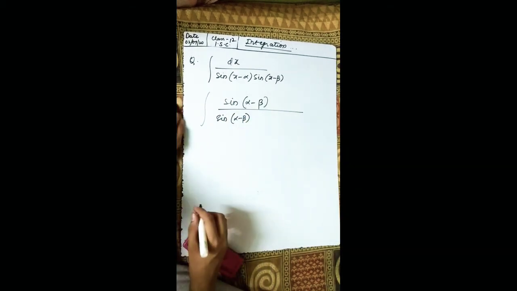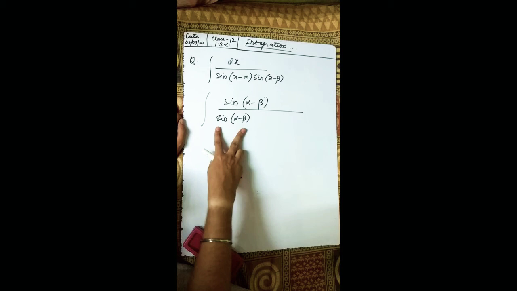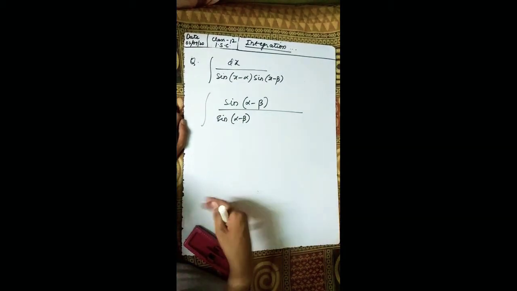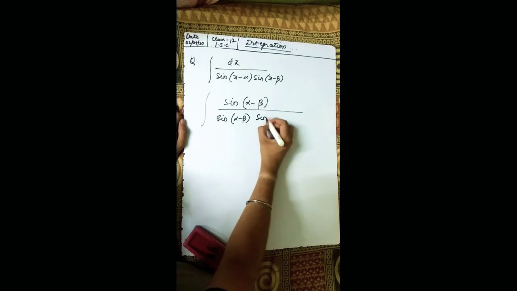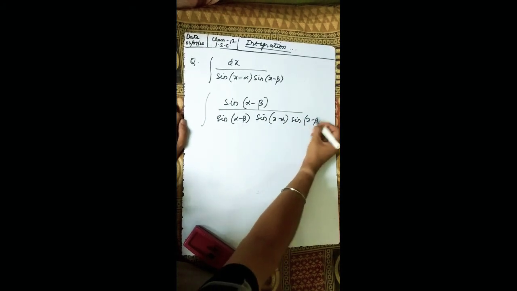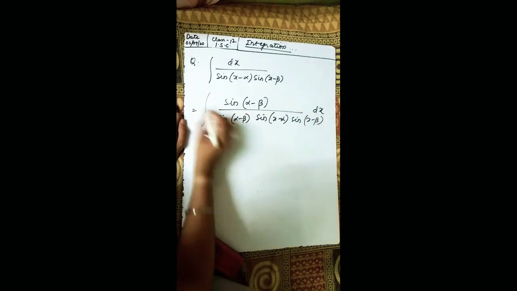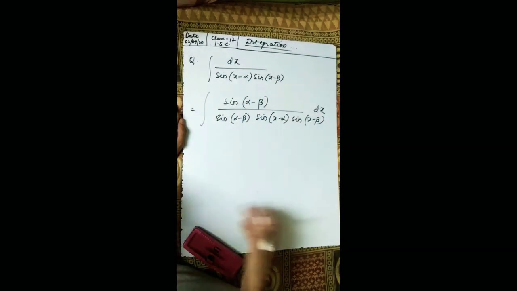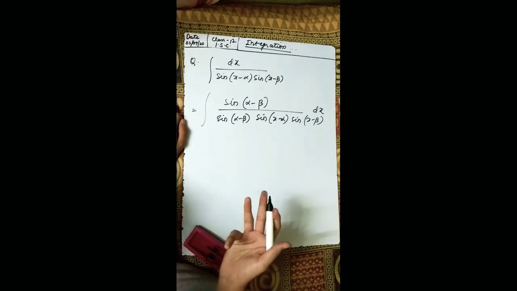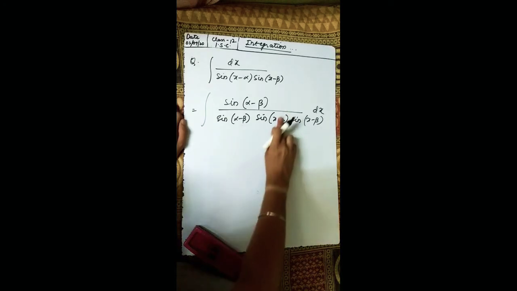Can I do that? Why? Because sin (alpha minus beta) is a constant term for us, so we can multiply and divide by it. You would be thinking how I got to know that we need to do this. This is again by practice only that you can do this.